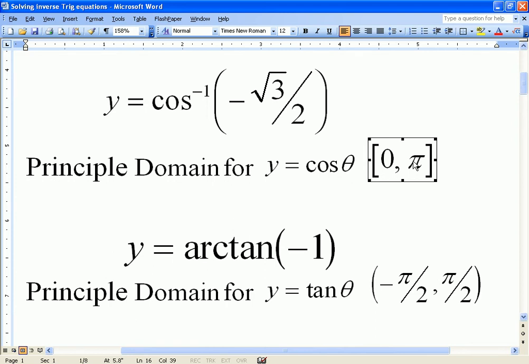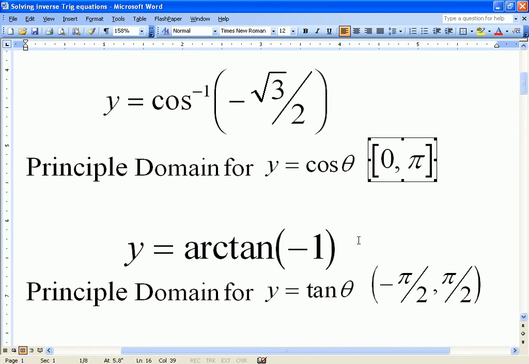A third example would be y equals arc tangent of negative 1. Again, we are asked to find the angle whose tangent is negative 1. Because it says arc tangent, or tangent to the negative 1, which is the same thing, that angle has to be in the principal domain for the tangent function.